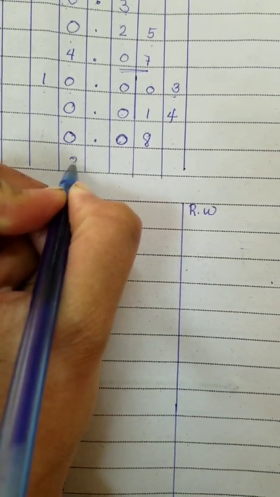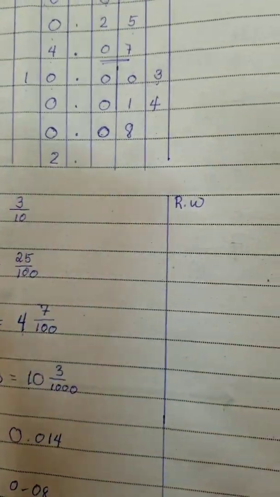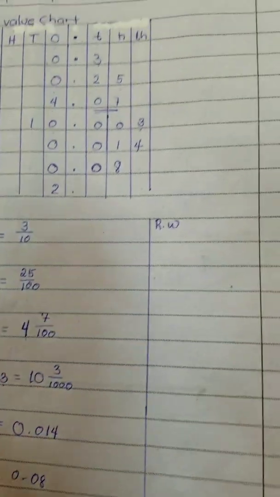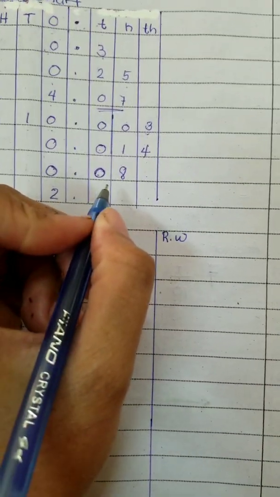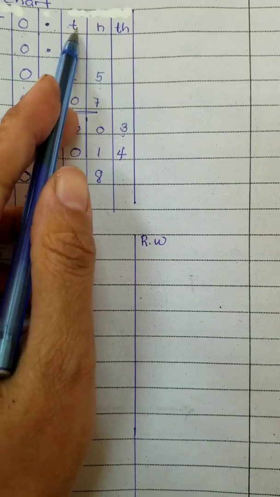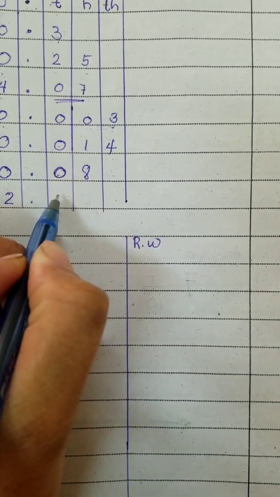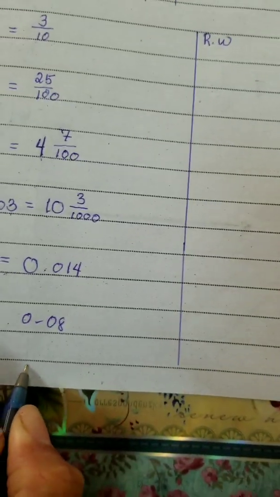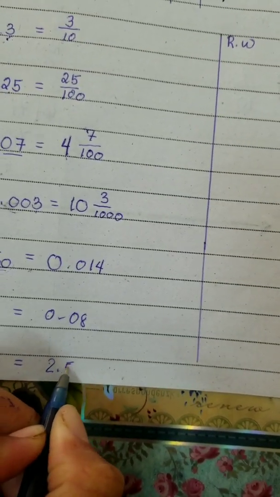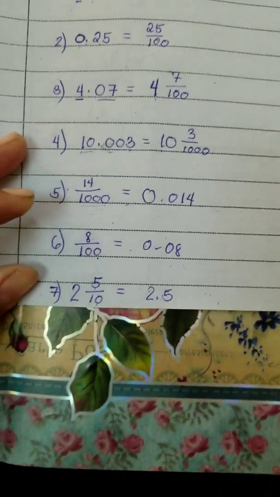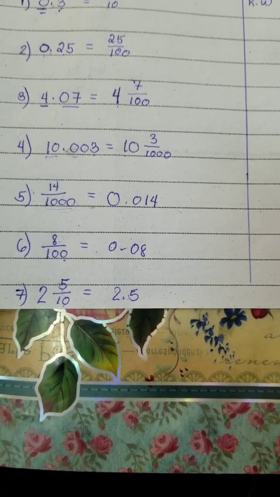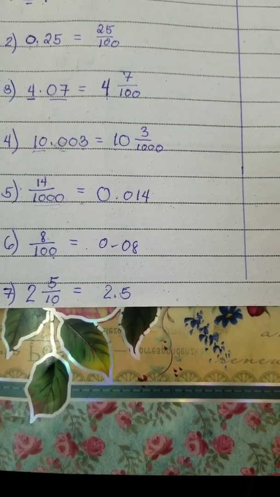And in the decimal part, I have to write the 5, and it has to belong to the tenths place value. The tenths place value is here, so I have to write here the 5. So that will become 2.5. Therefore, 2 and 5 over 10 is equal to 2.5.